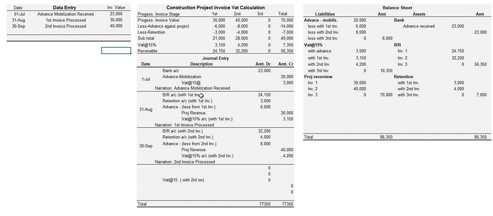You can see the same thing repeated here in the journal entry, and in the balance sheet also. Our advance is again reduced to 6,000 and VAT is increased to 10,350, and our total project revenue is increased to 70,000. Bills receivable is increased here and the retention amount is increased to 7,000.